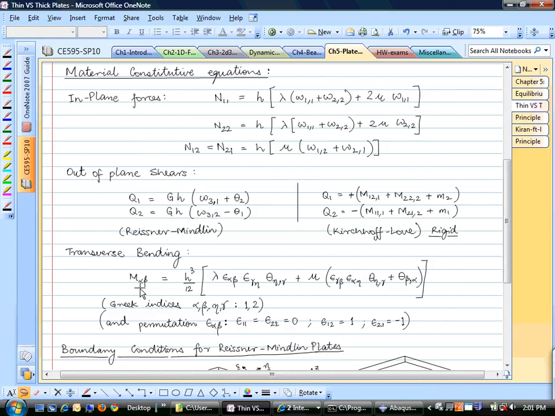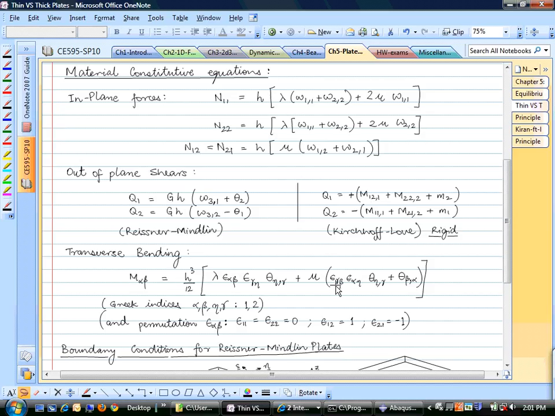Those were the curvatures. Here we have bending moment related to curvature, and all these theta derivatives are curvatures. Again, note that these alpha, beta, and all these things are Greek indices which go from 1 to 2, not from 1 to 3.